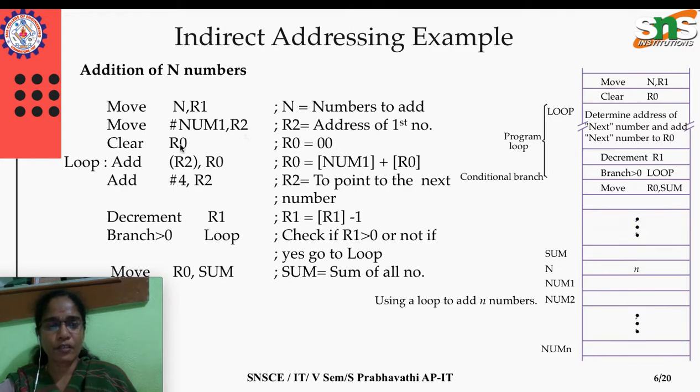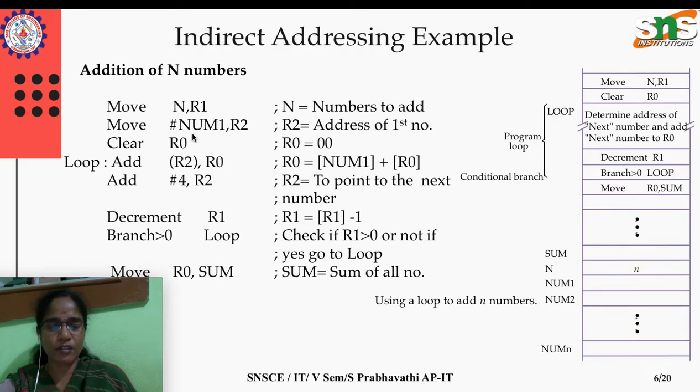For addition purposes we are clearing the register r0, and here comes the indirect addressing. The r2 is an address, so go to that address, fetch the operand value, and that operand value gets added to r0.